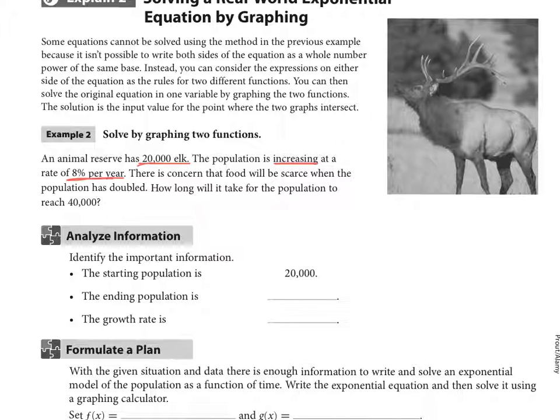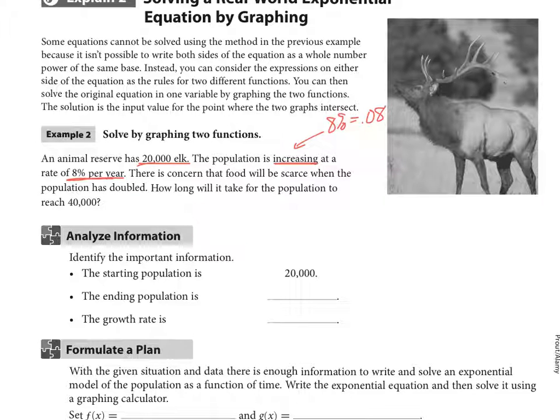If it's increasing by percentage, that means that base number is not 8%. How would we represent that base number if it is increasing? What is our B? What is 8% as a decimal? 0.08. That's not what we put as our base number, because we said it's increasing.